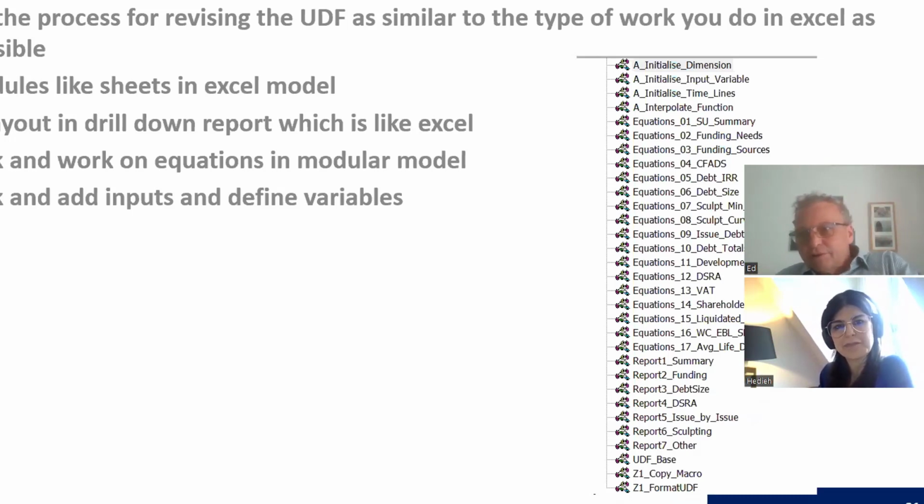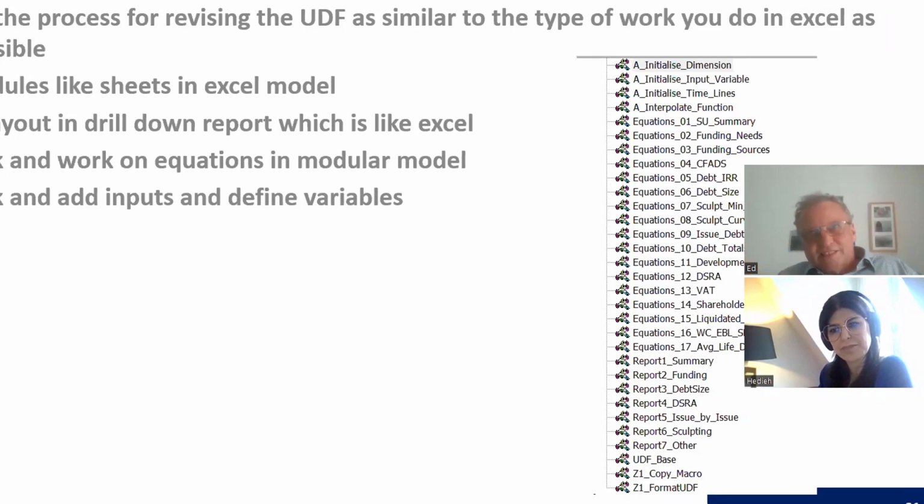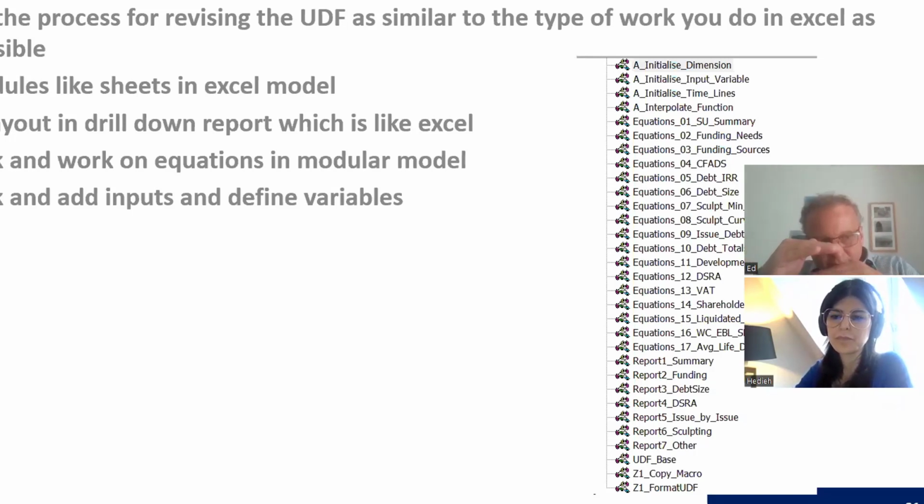And if you want to add something in the model, it's hopefully as similar to Excel as you possibly can. You add lines into the output, and you specify exactly how it's supposed to work. If the grant is supposed to come before the debt issue, for example, you'd put it in the funding report, and you'd document, and you'd be able to drill down and see that your equations were exactly right.